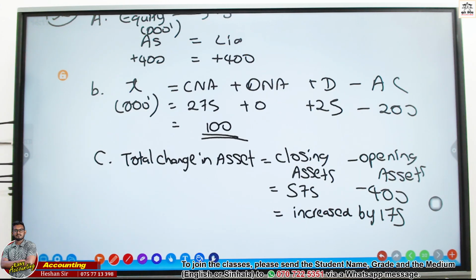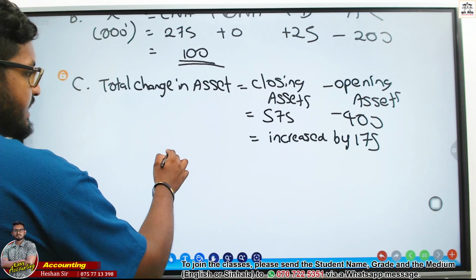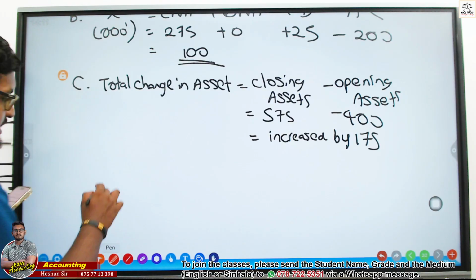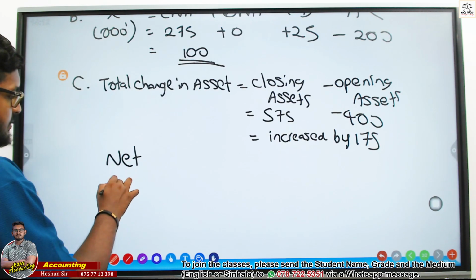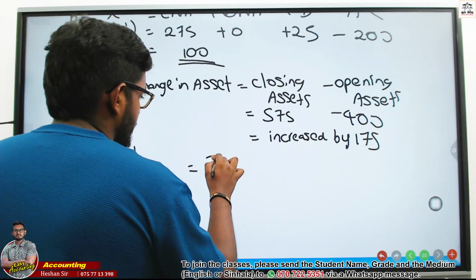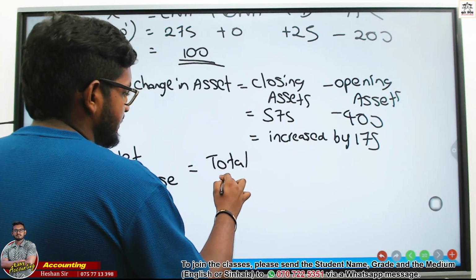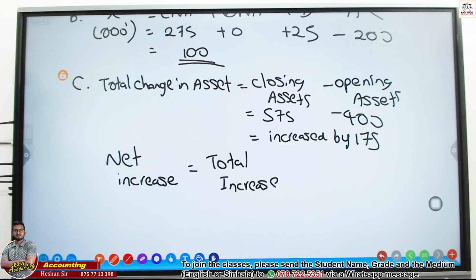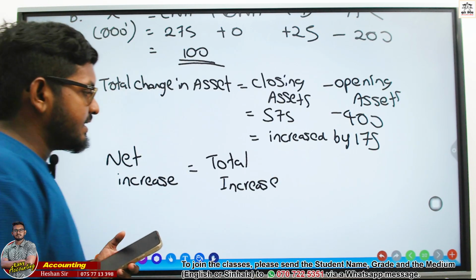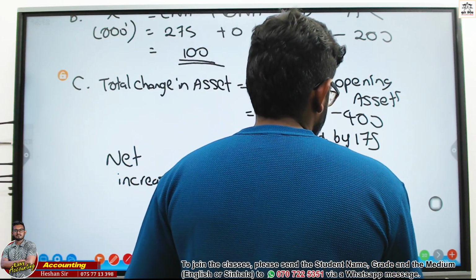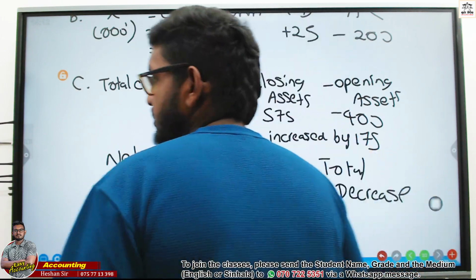Then net increase එක එන්නේ total increase වලින් total decrease අඩු කරාම. මේ net එක නෙමෙයි, මෙතන දීලා තියෙන්නේ breakdown.